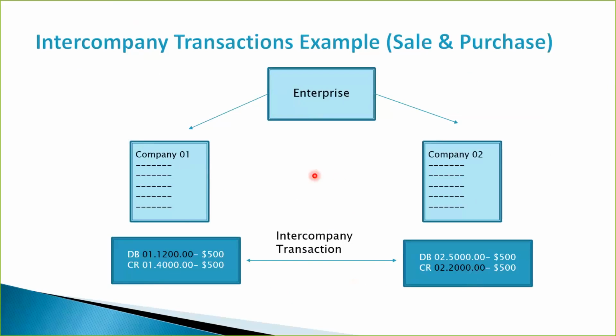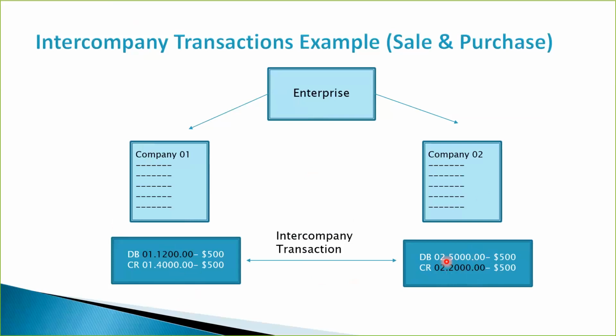Because according to the accounting pattern that we have followed, account 4,000 is a revenue account, 1,200 is a receivable account, 5,000 is an expense, and 2,000 is a payables account, right?